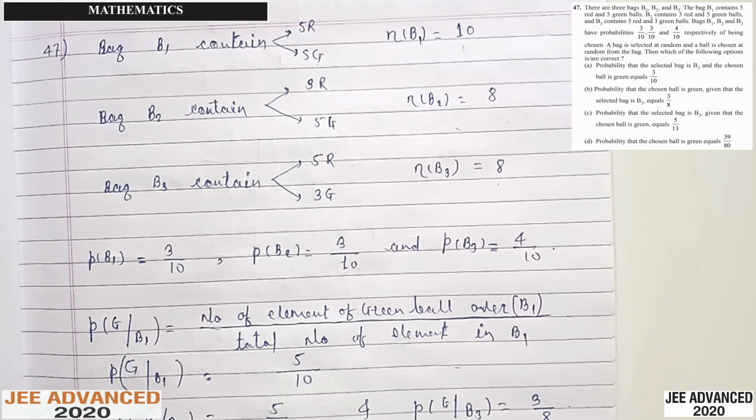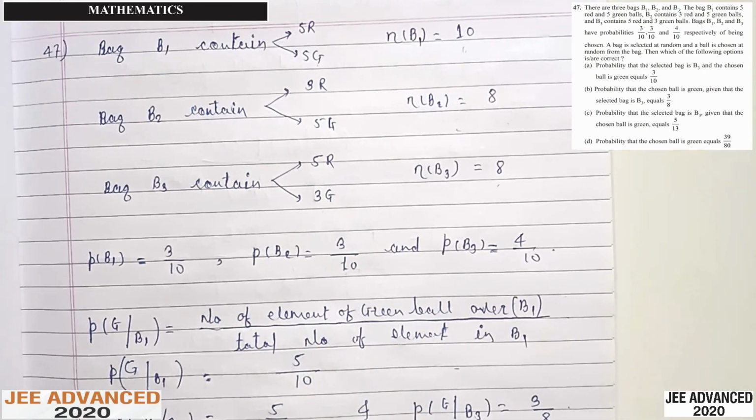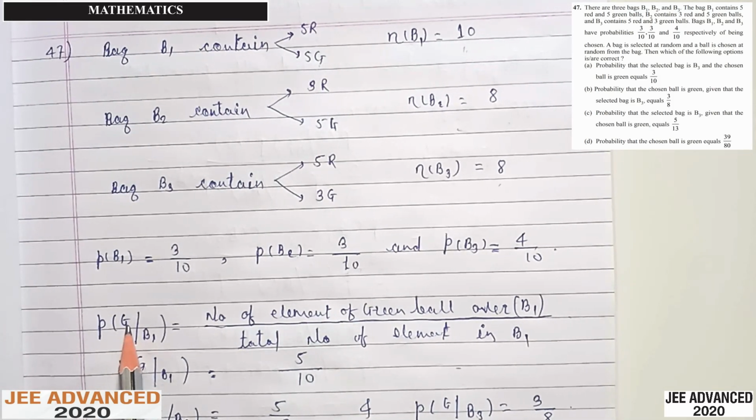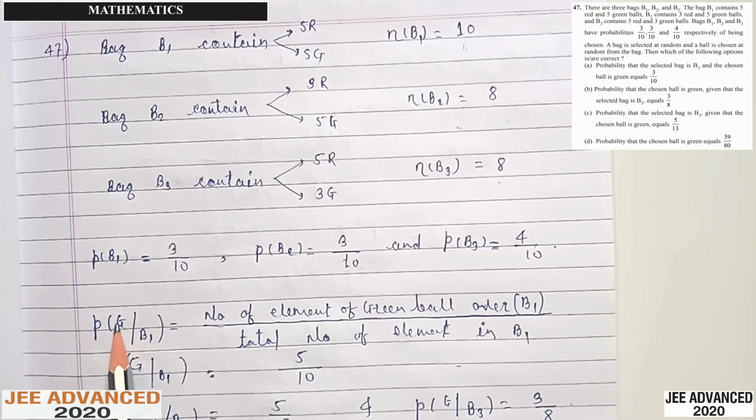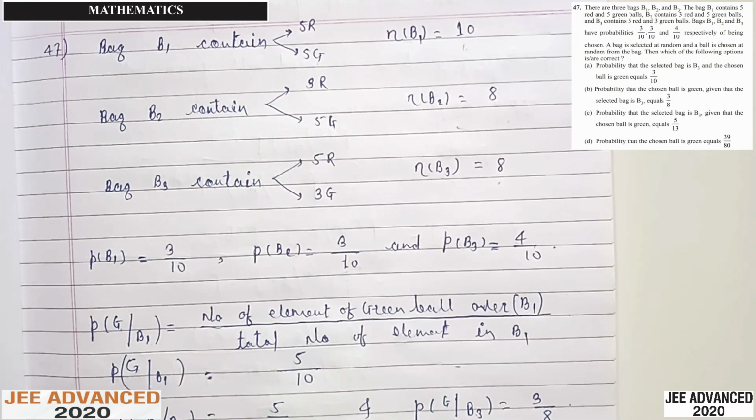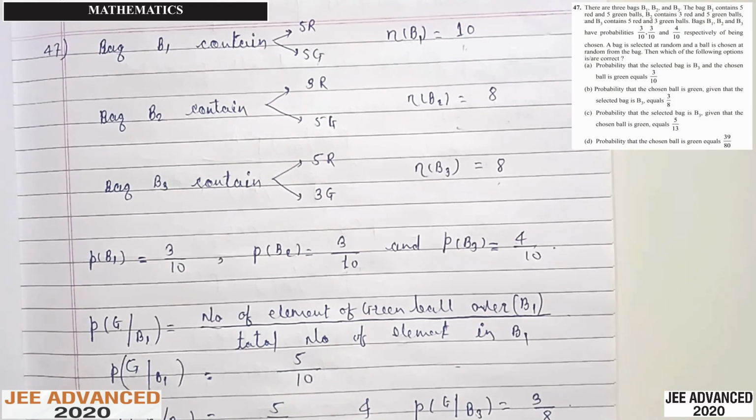Let's find the probability for every bag over the balls. So here, the probability of green balls over bag B1. That means the probability of any outcome or any event, we write as the number of elements in our event divided by the number of elements in our sample space.